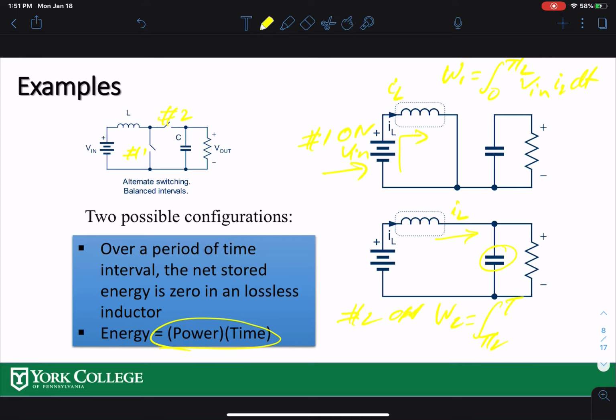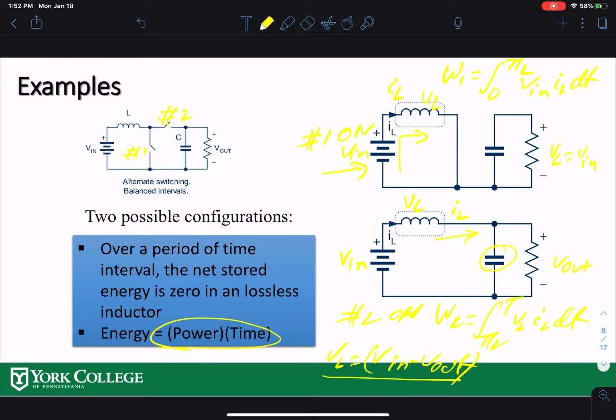So your voltage across the inductor, VL, would now be V in minus V out, times IL dt. For the first circuit, VL is the same as V in because there is only one voltage. For this circuit, VL is V in minus V out, right?